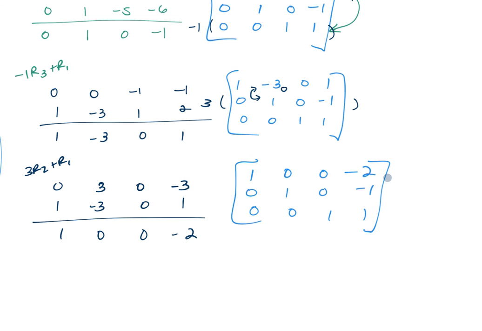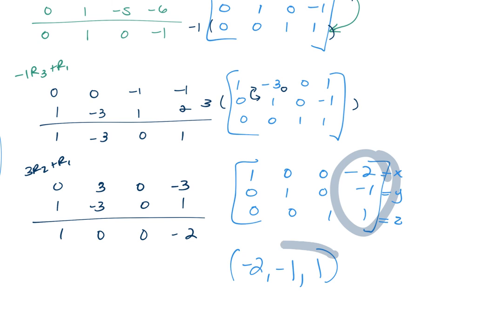And there's my answers again. X equals negative 2, Y equals negative 1, Z equals 1. And that should match the same answer you got for 10. If not, somewhere you made a mistake.